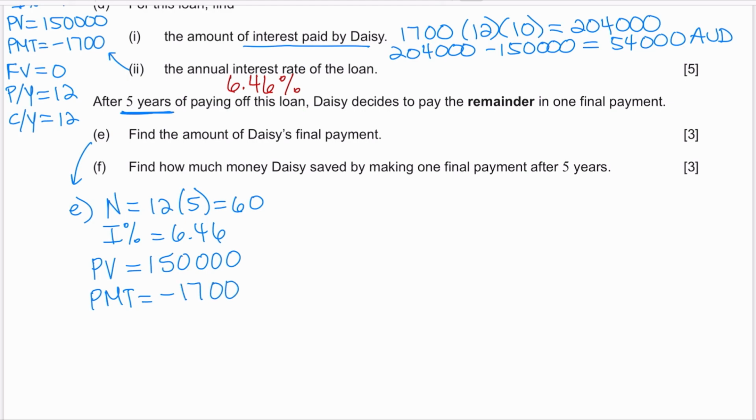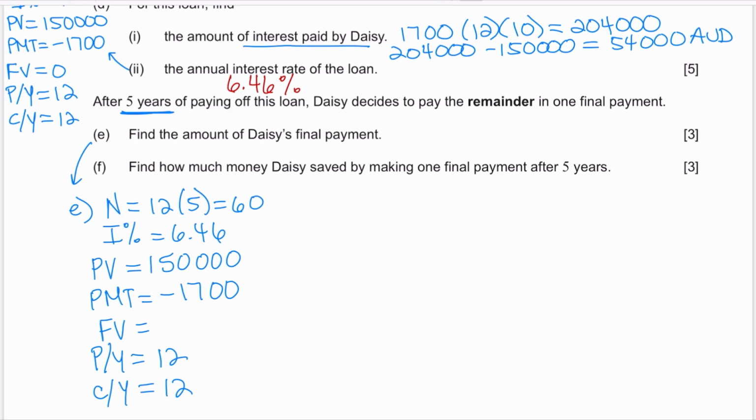In this particular case, future value is what I'm looking for because I want to find out at the end of paying for 5 years, how much money does she still owe? And that future value is going to tell me what the account has gone down to. Then P per Y, you're still making equal monthly payments, so it's 12. And C per Y, this is still compounded monthly because it's the same exact loan we've been working with. Therefore, C per Y is 12.